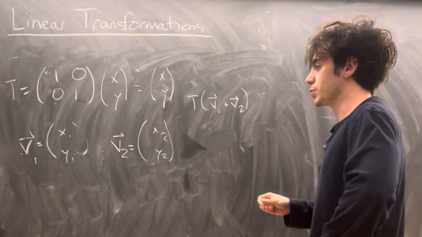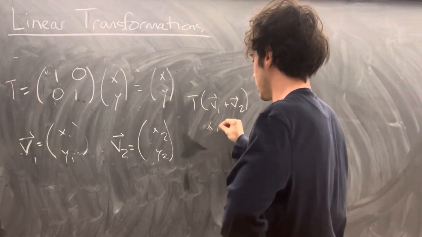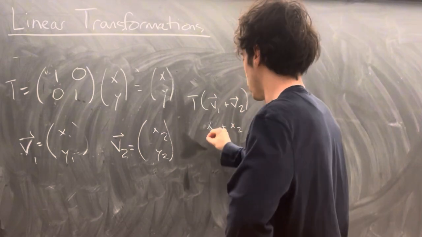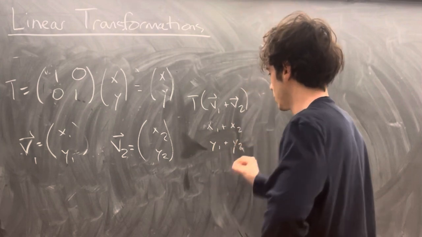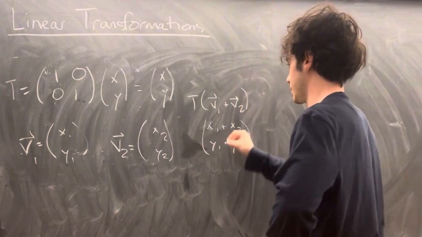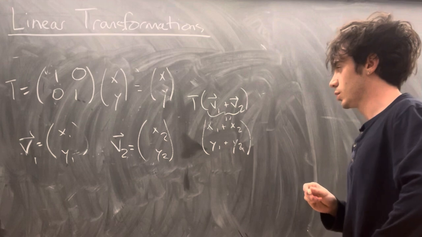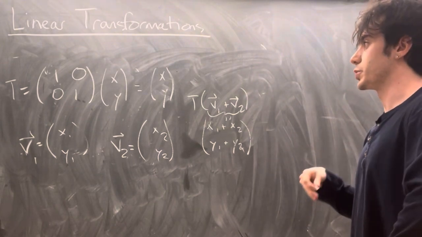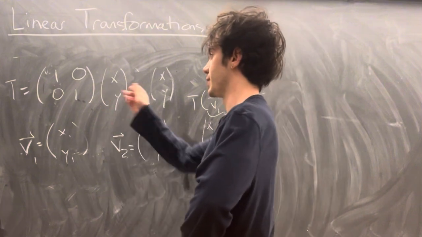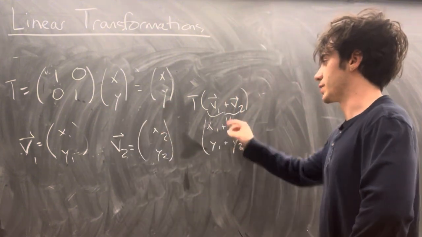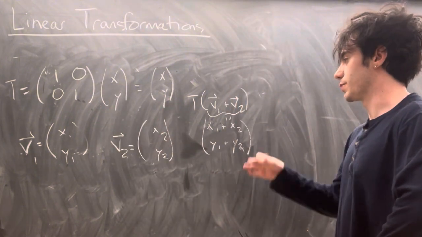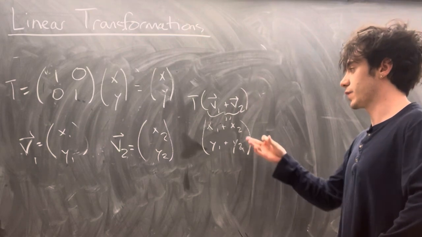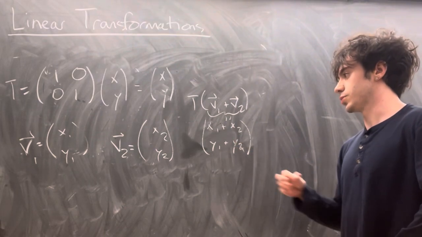So v1 + v2 in this case is going to be (x1 + x2, y1 + y2). And we want to apply the linear transformation to it. Because we know that this just spits out whatever you give it, it's going to be this itself. So if we do the linear transformation on this, we just get this back. So that's something to note.